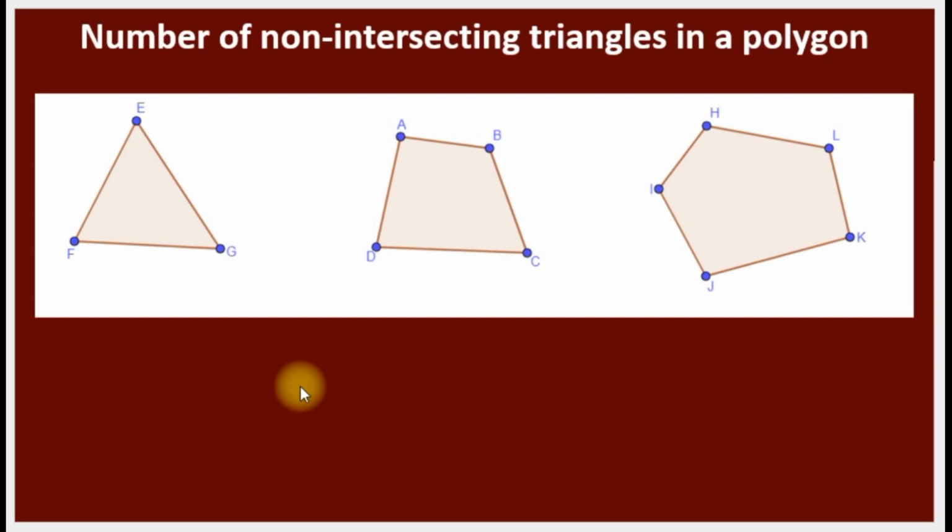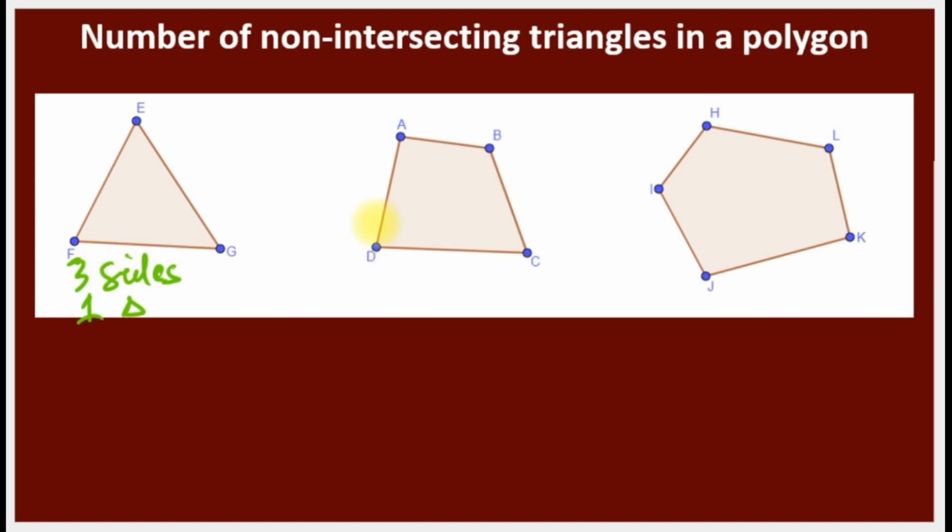As you can see, we have a 3-sided polygon. This is 3 sides. We have only one triangle because we have 3 sides.